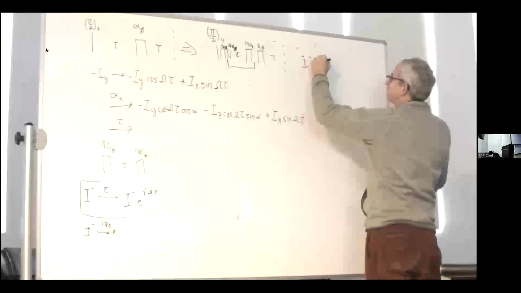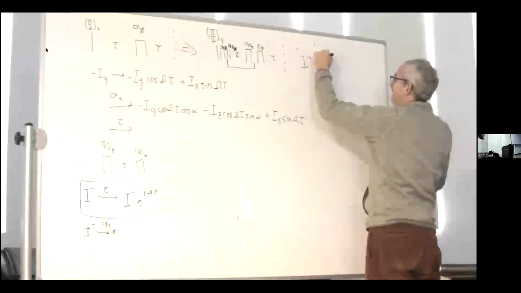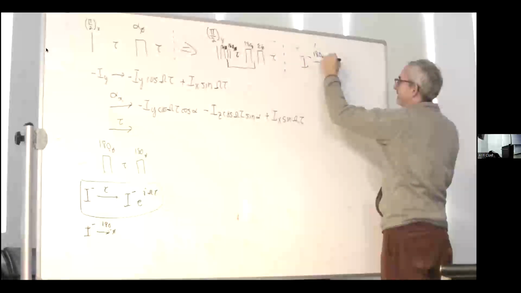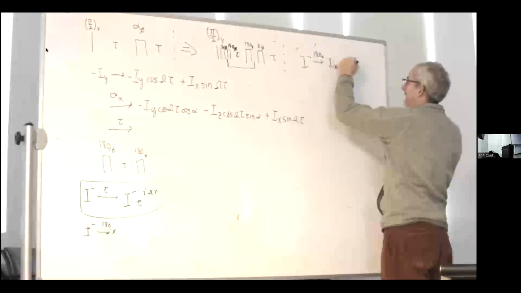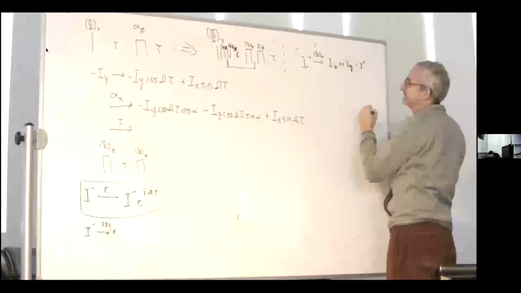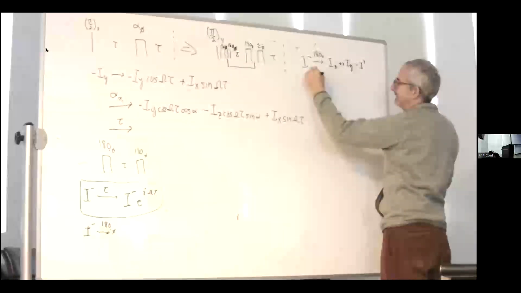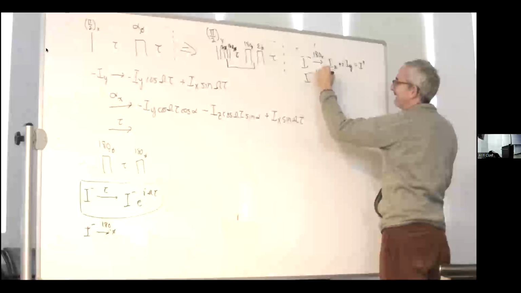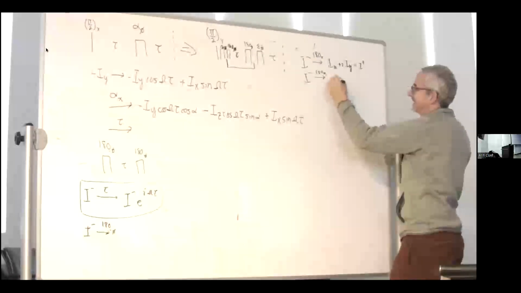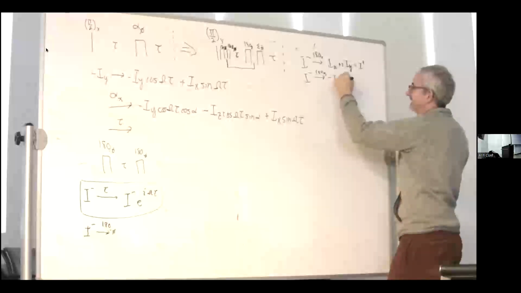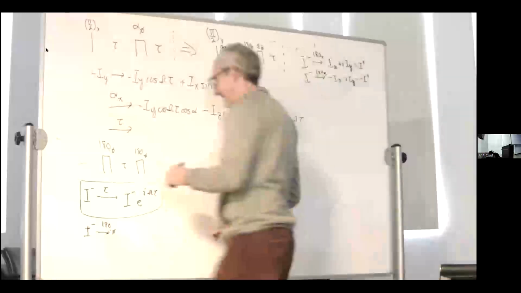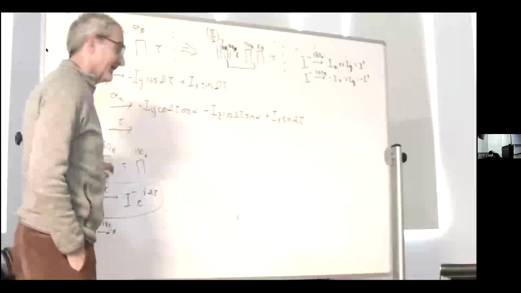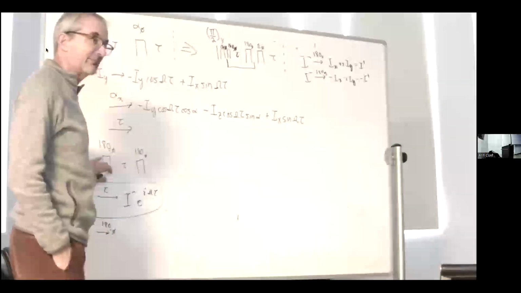So I minus, if we apply a 180x, let's say, that's going to become Ix plus Iy, which is I plus. And if we applied a 180y, it becomes minus Ix minus Iy, which is minus I plus. So depending on what we apply here, this is either going to be plus or minus I plus.